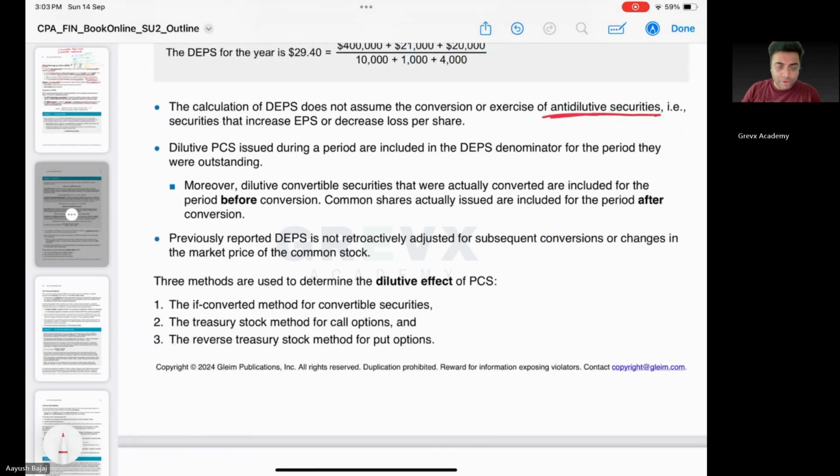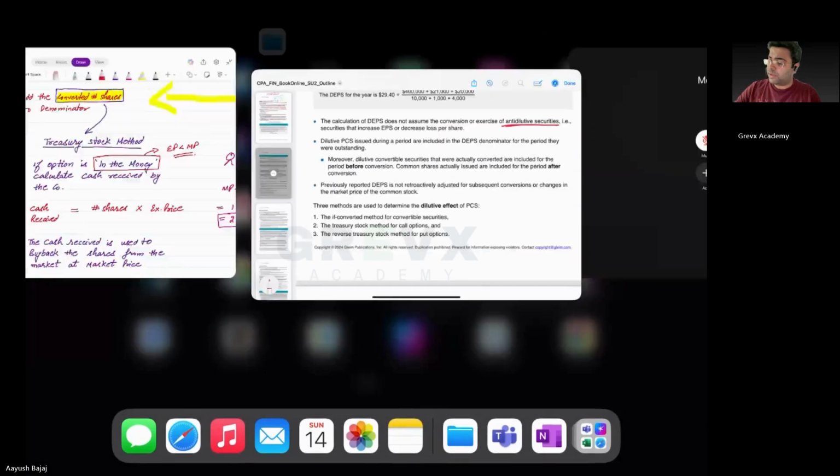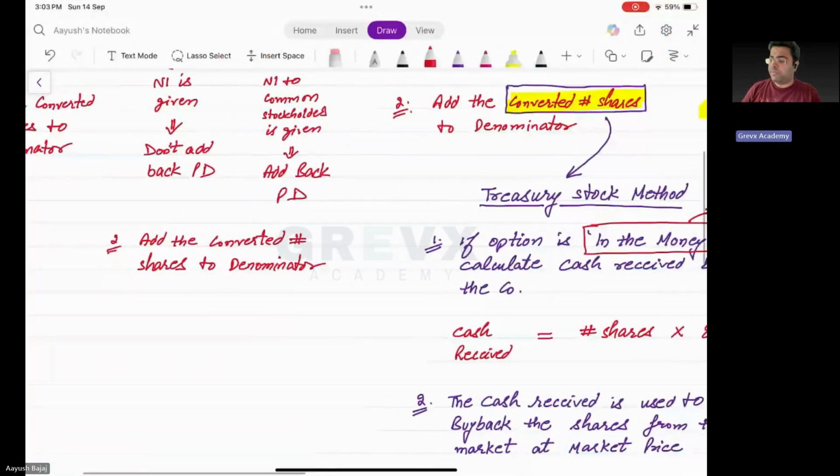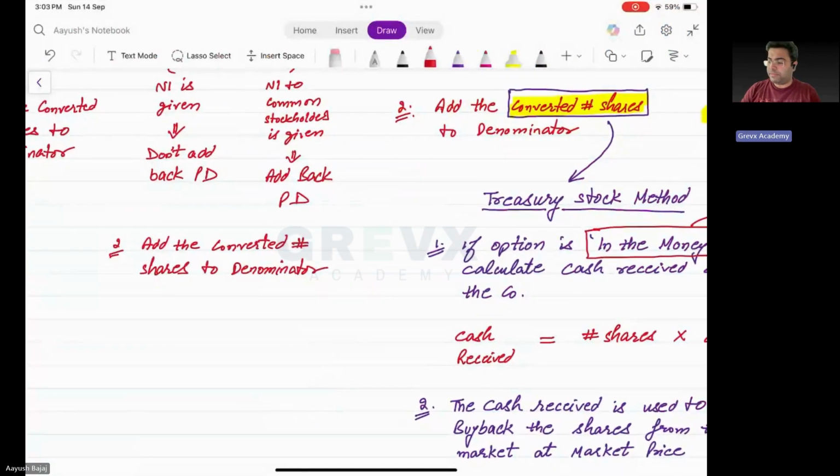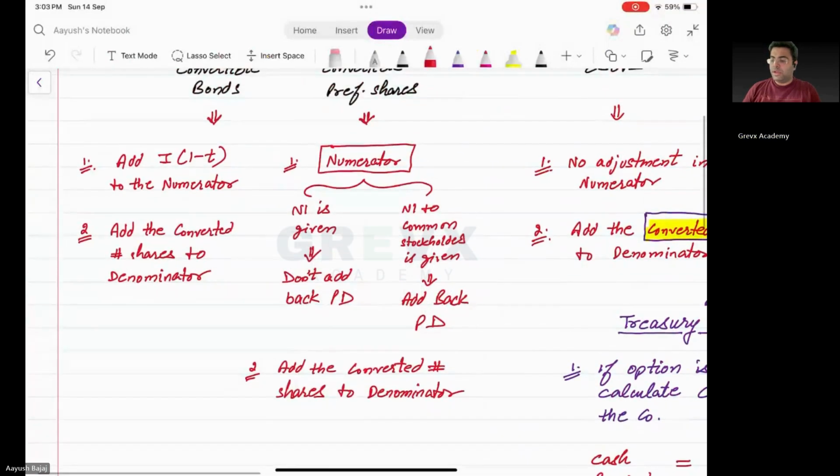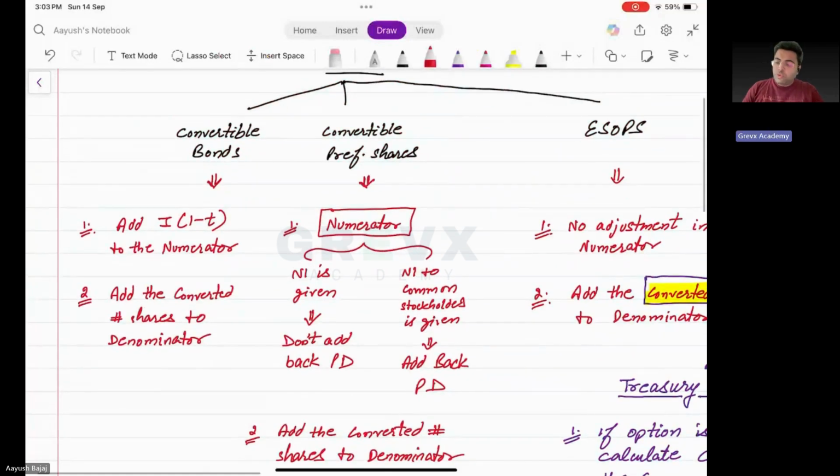Okay. Now, there is one more complication that will be there. You will be able to do this on a standalone basis. Standalone basis means if the bond is given to you, no problem, you will do this adjustment for convertible bonds.